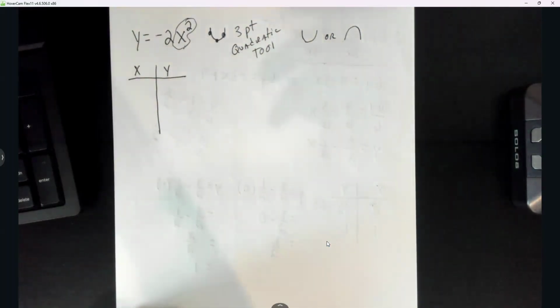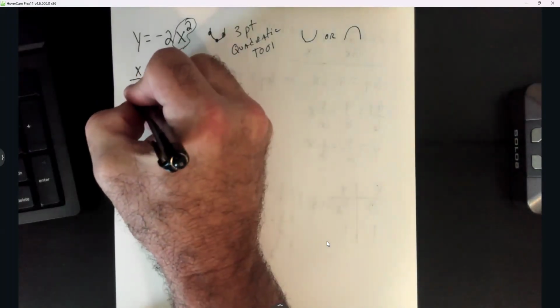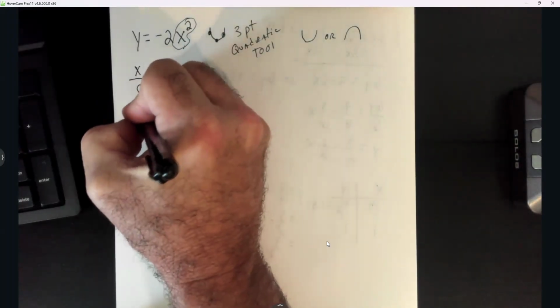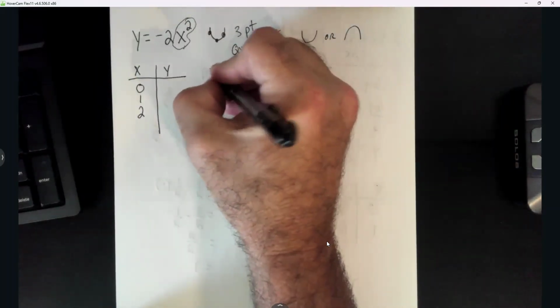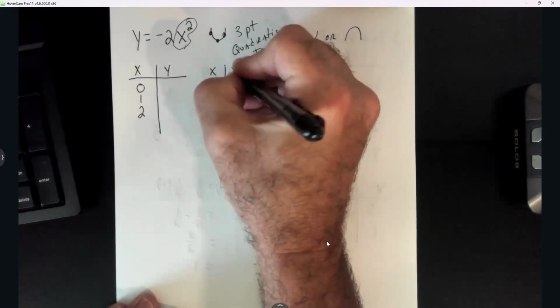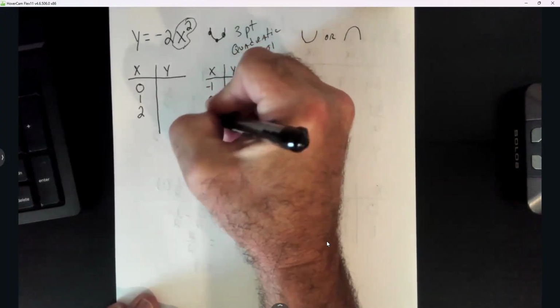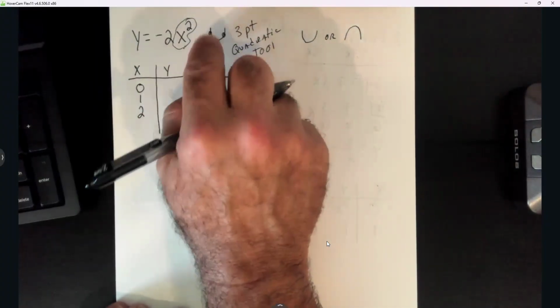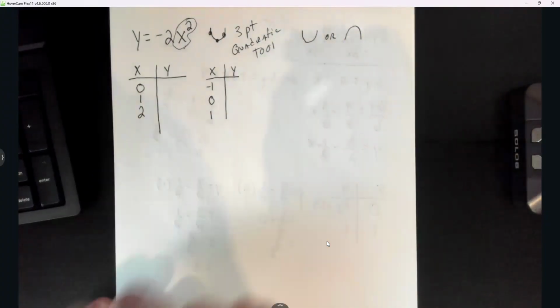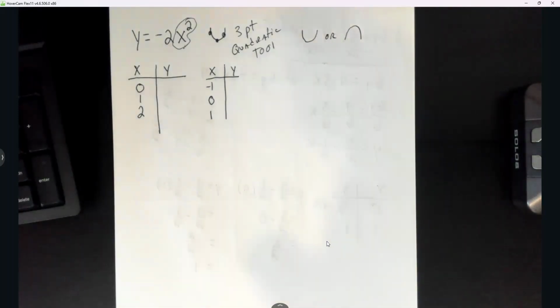So 3 easy numbers to square. You could do a 0, 1, and a 2. You could do -1, 0, 1. Anything you want to get 3 points is what we need on this one, okay? Now, I picked small numbers because the graphs are going out to about 10 or so on those axes. So, get numbers you can square on this one, okay?